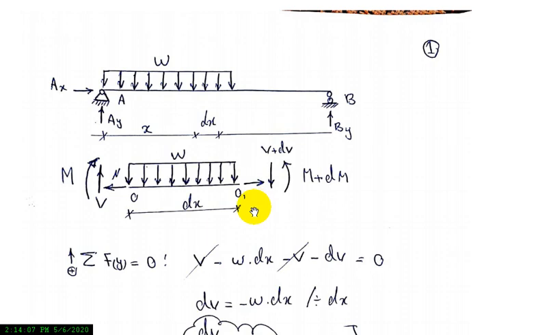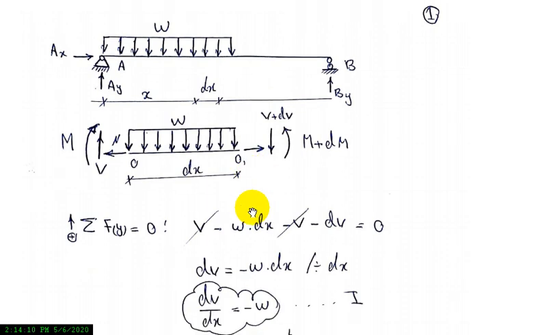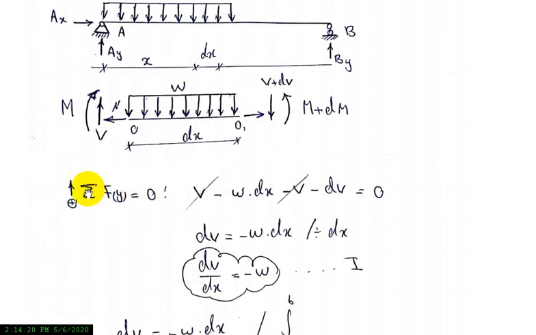Now I want to prove the necessary formula. We use the three static equations as we studied previously. So we can write the summation of forces along the y direction equal to 0, and upward we accept as positive.